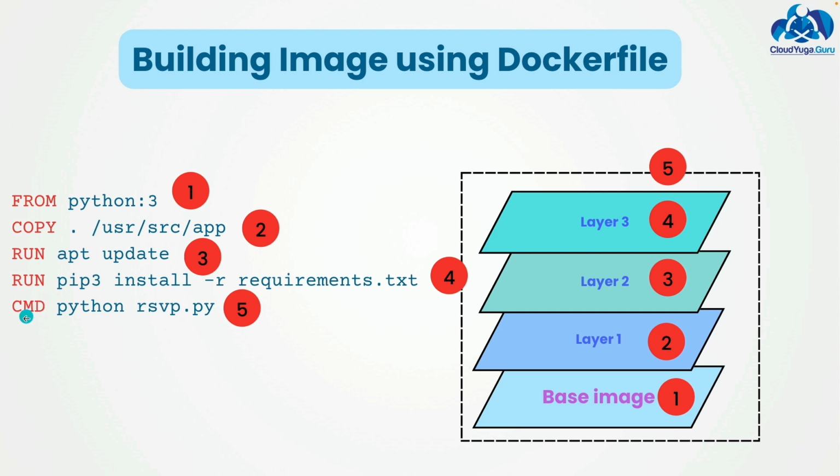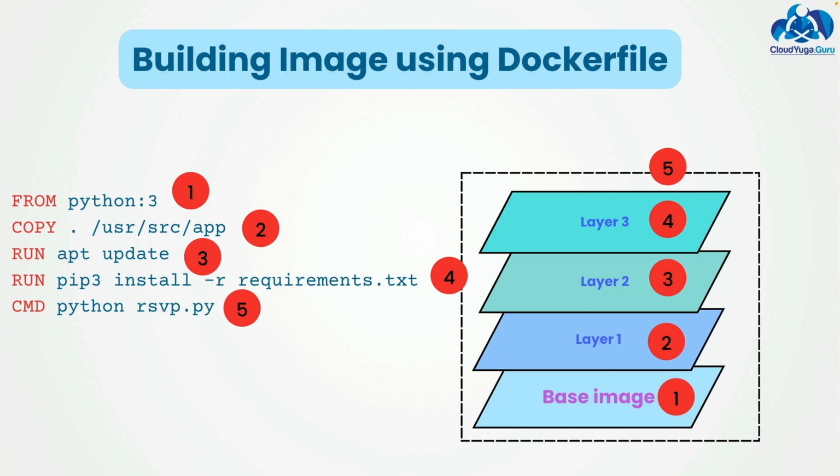In the step 5, we have the cmd instruction, which basically sets the default command which we want to run as the container starts. So cmd is our runtime instruction, which runs as we run the container, while from, copy, run, these are the build time instructions which we use to build our image.